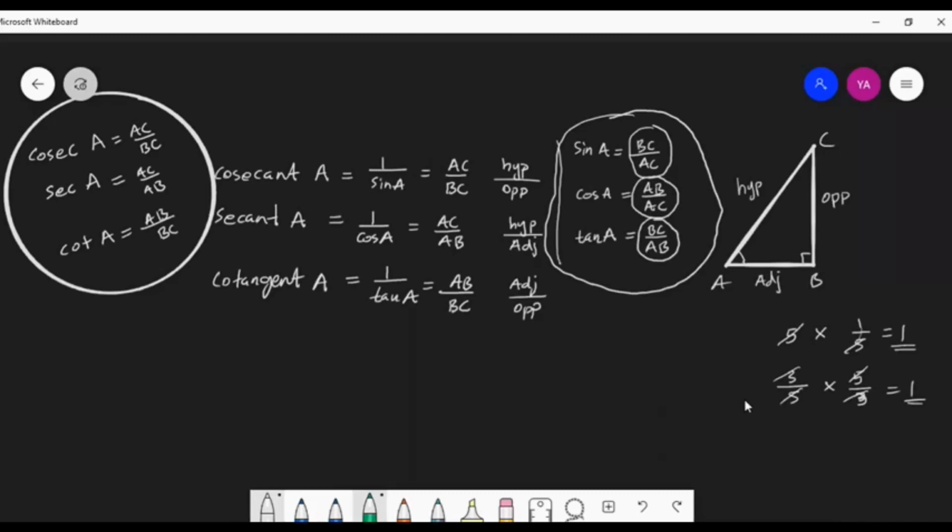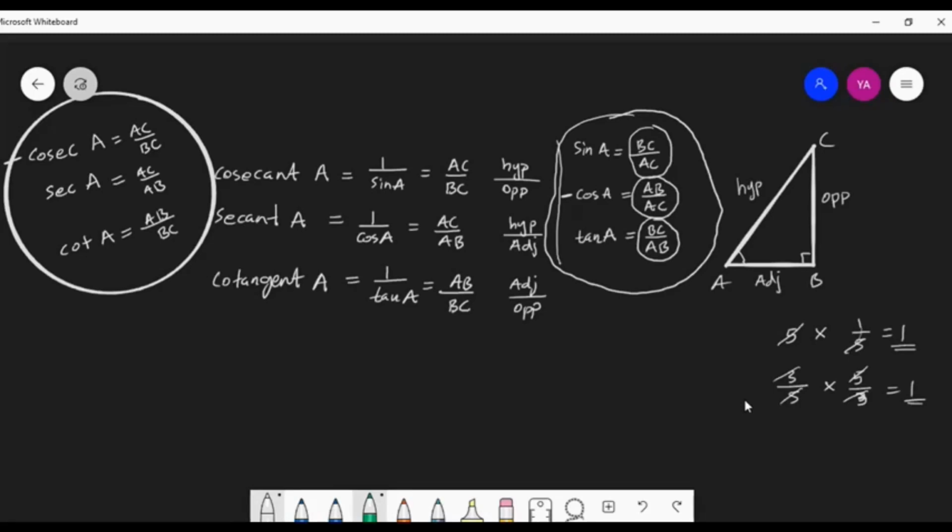Cosecant of angle A is just the reciprocal of sine A, secant A is just the reciprocal of cos A, and cotangent is just the reciprocal of tan A. So there's a chance for confusion. Cos starts with C, so sometimes you may take cosec as the reciprocal of cos.